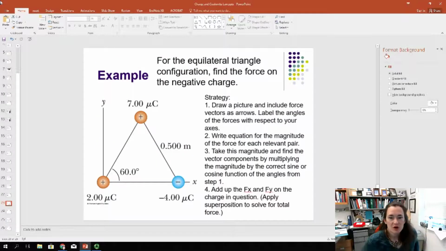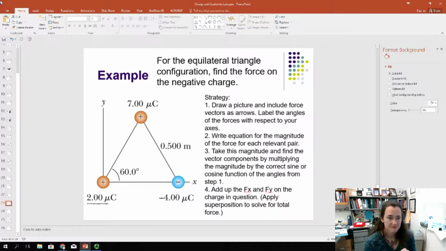So let me do a more involved example now, and I'll take you through it. I have a specific strategy that I like to use when I'm working these kinds of problems, and I like to break my thinking up into 4 steps, so I'm outlining that strategy here. But first, let's go through what the problem asks you to do. This example problem shows an equilateral triangle with a charge at each corner.